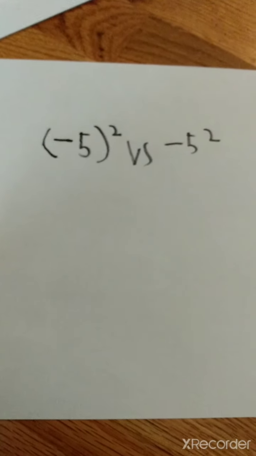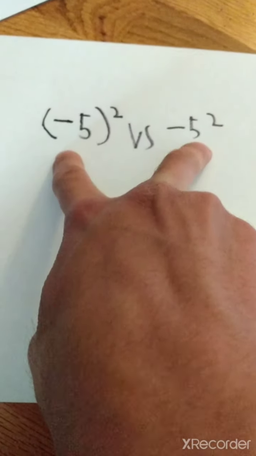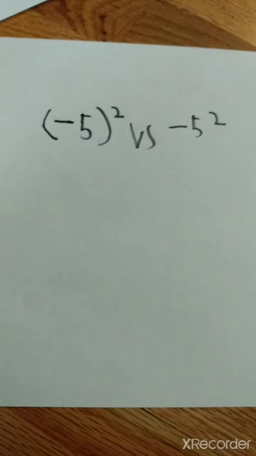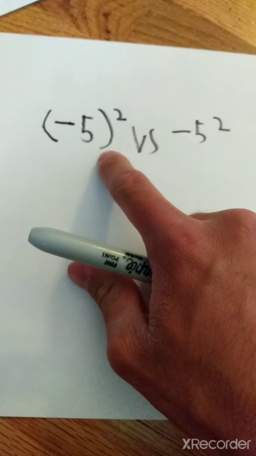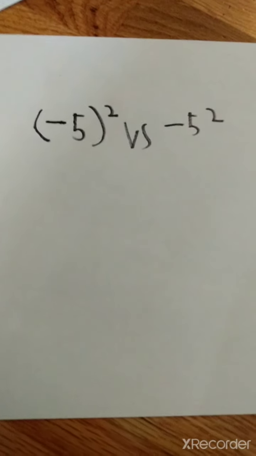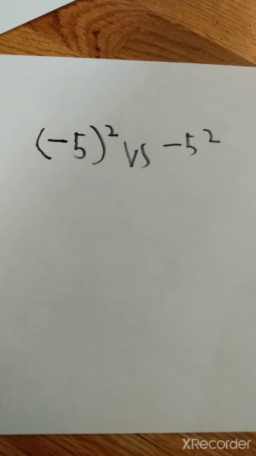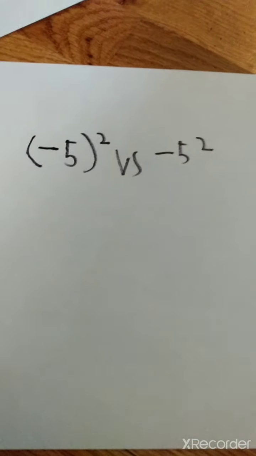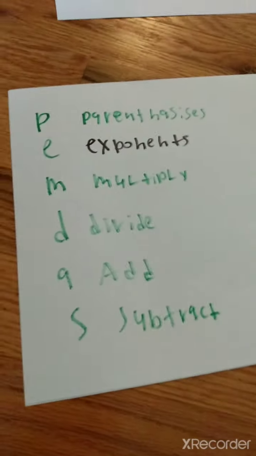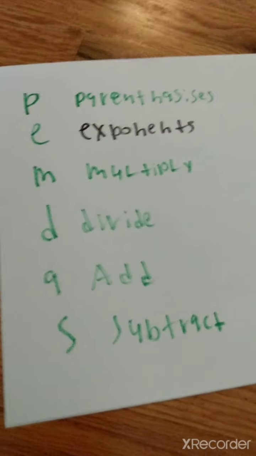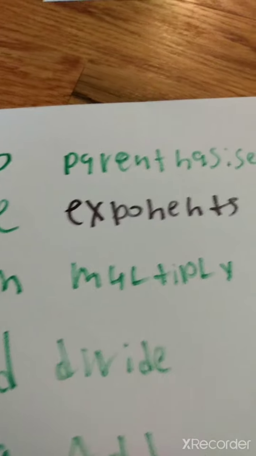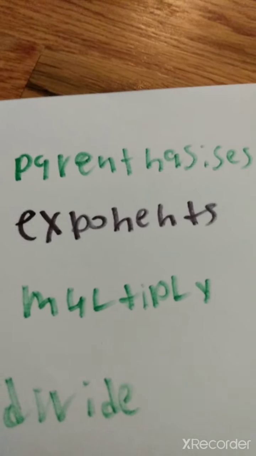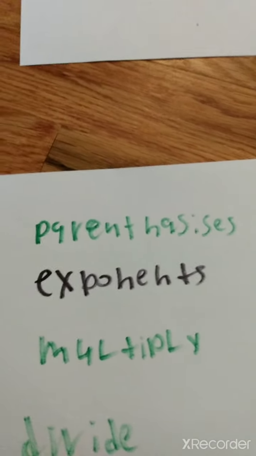These two are going to become different simplified answers because the parentheses matter. You might have seen exponents and parentheses when doing order of operations. The second step of order of operations is exponents, but the first step is the parentheses.